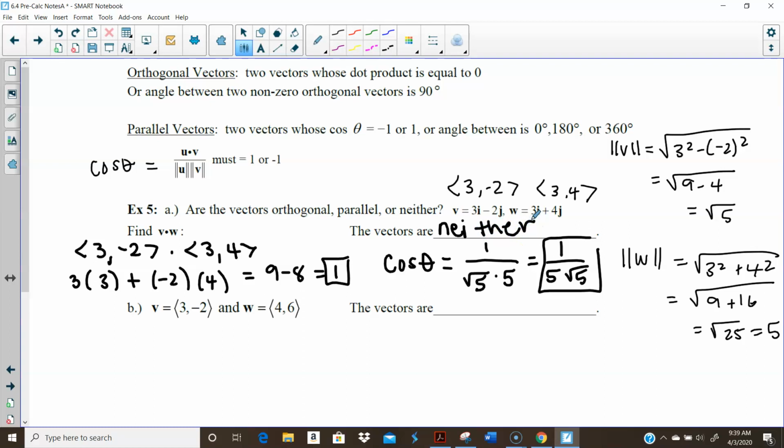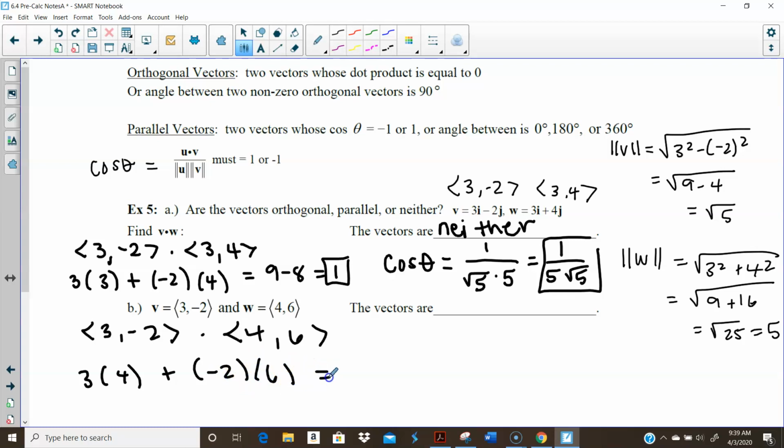All right, let's try one more example. So the next example, again, I always start by doing the dot product first, and that's the orthogonal test. So we're going to take 3, -2, dot 4, 6. Multiply your horizontal components, 3 times 4, plus multiply your vertical components, -2 times 6, and this is going to give us 12 subtract 12, which equals 0.